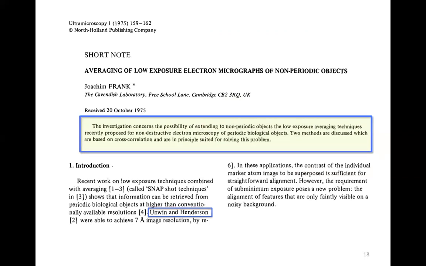So in 1975, I published an article in Ultramicroscopy, "Averaging of low exposure electron micrographs of non-periodic objects." That made reference to Unwin and Henderson's technique because they were able to get the 7 angstrom resolution.